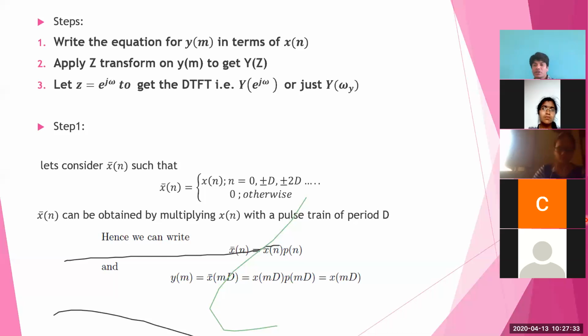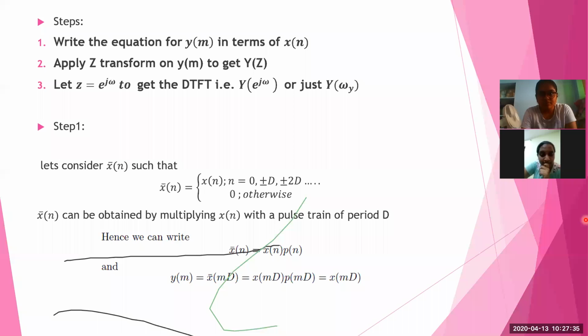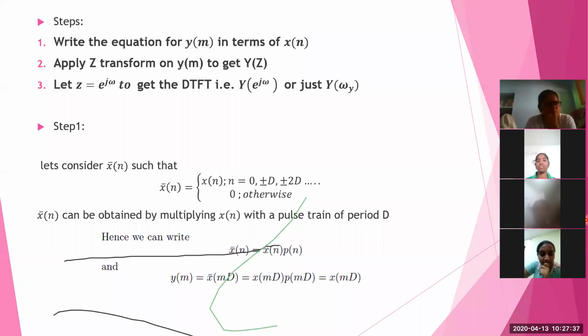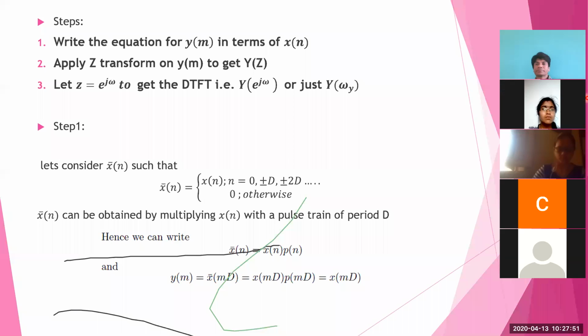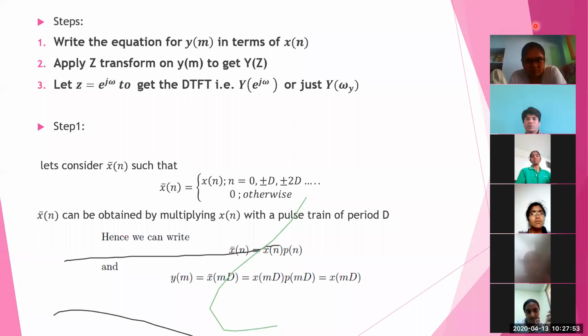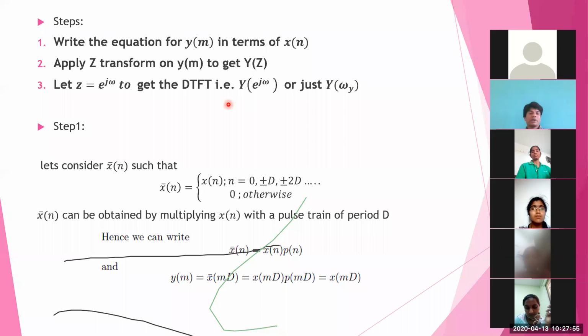When we apply Z transform, we will get Y of z, and we know how to get DTFT from Z transform. You just have to let z go to e power j omega, so that you will get the DTFT, or we can say the spectral representation or frequency domain representation of the decimated sequence.